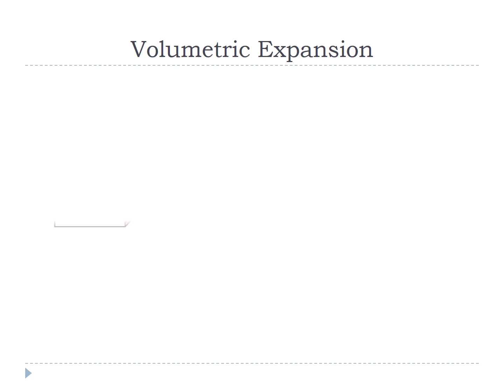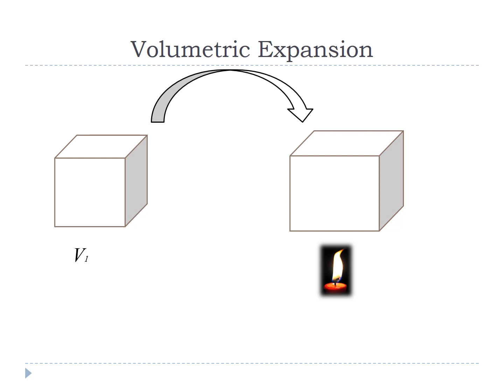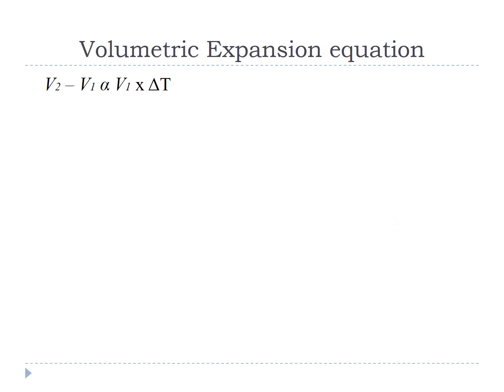Here I have a three-dimensional structure which has the volume of V1. I am heating it. So obviously the volume is going to change because there's a temperature change, and the volume becomes V2.